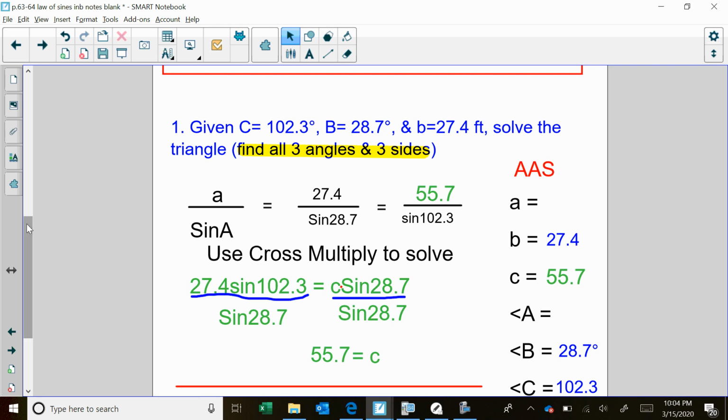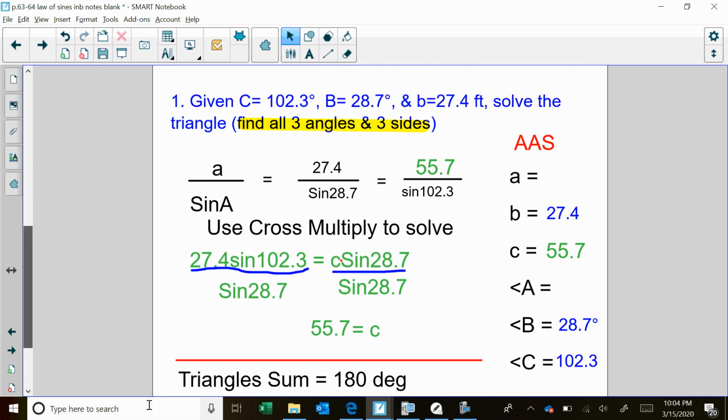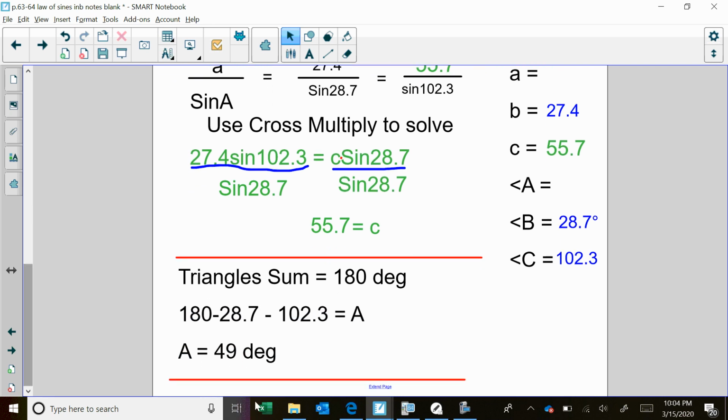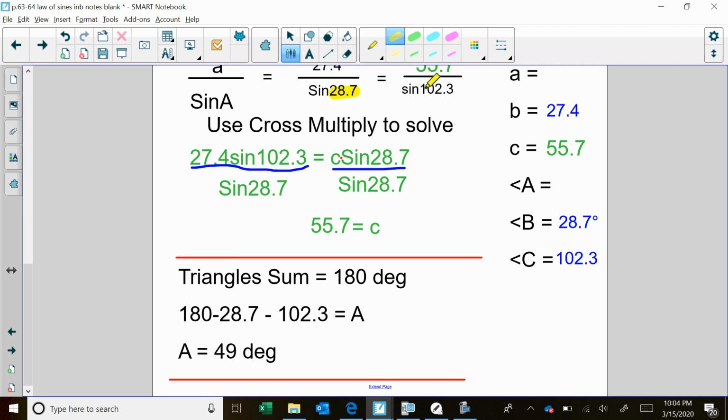Hopefully you remember back from geometry that all triangles sum to be 180 degrees. So it is possible that I could have used that triangle sum along with the 2 angle measures that were given to us, 28.7 and 102.3, and subtract them from 180 degrees, which is going to give us angle A, which is 49 degrees.